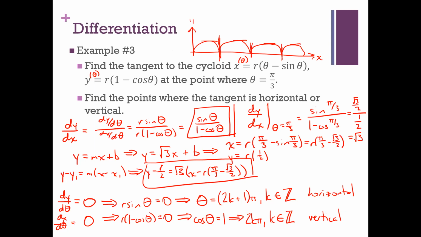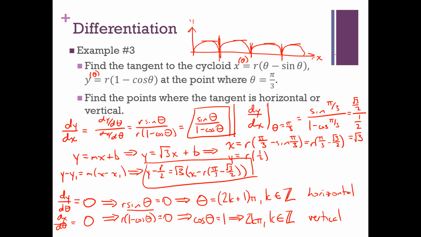What else? Go ahead. Why in the last step, for dx over d theta, did you do cosine theta equals 1, but for dy you didn't do cosine theta? So sine of theta equals 0 for this one, right? There's some stuff I didn't write down because I was running out of room, but what angles give you a sine value of 0?